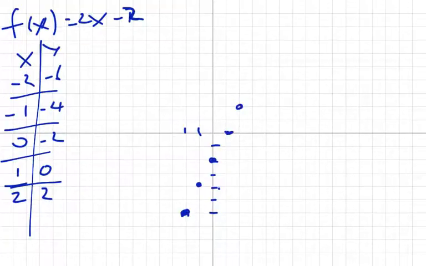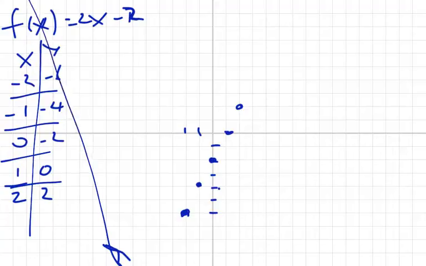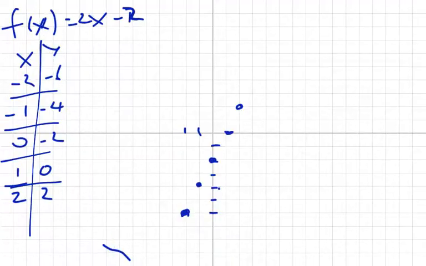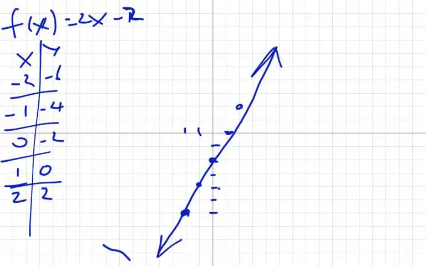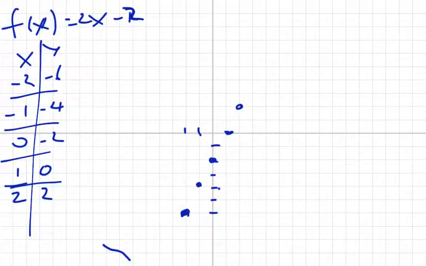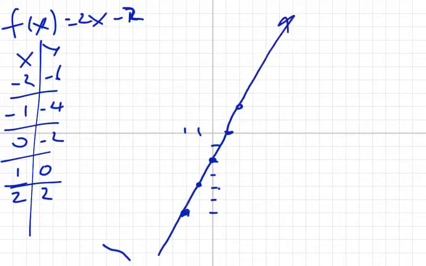So your line, let me try to use this as a ruler. Sorry, I went through the other point. Let me do it again. Actually, let me try a better job. There we go, I guess that's a little bit better. So that's your function.